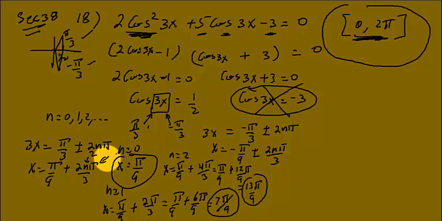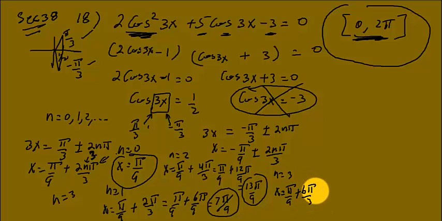Now I'm going to use n is equal to 3. When I put 3 right there, that's going to give me 6 pi over 3. So I'm going to get x is equal to pi over 9 plus 6 pi over 3.